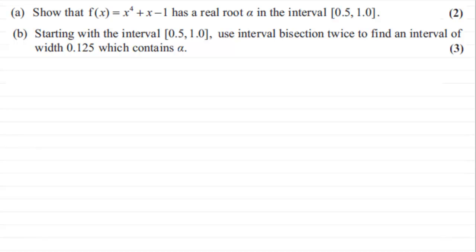Okay, welcome back if you had a go. So what we've got to do is check to see whether there is a change in sign over the interval 0.5 to 1, because basically what's happening is that if we have a graph where we've got the x-axis and the y-axis, and we take this interval 0.5 and 1, this is not drawn to scale, we would expect that the graph would go from, say, a negative to a positive value, or a positive to a negative value.